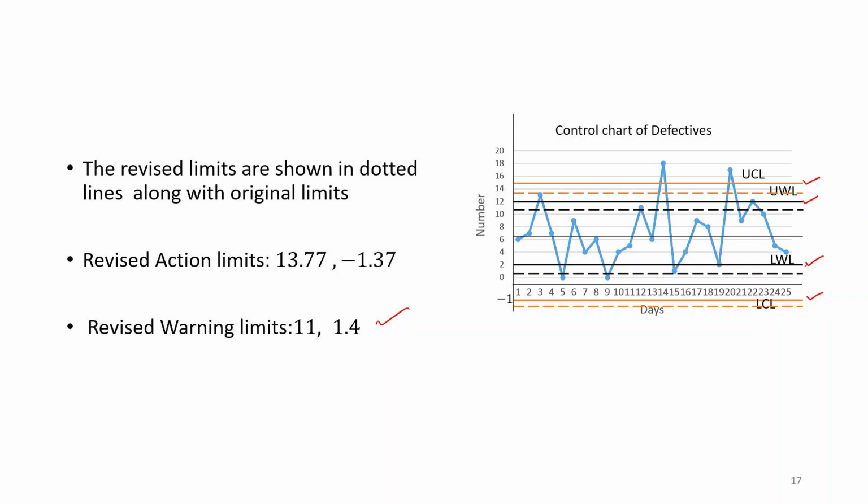We are revising because we have found some reasons why it has gone beyond the action limit, and these reasons are assignable.